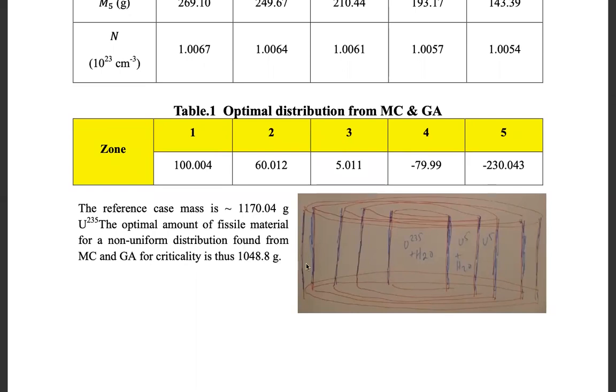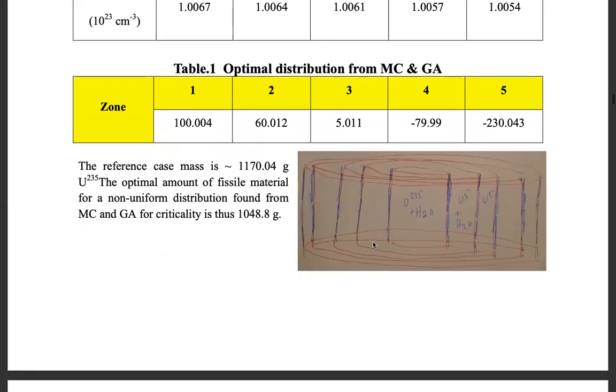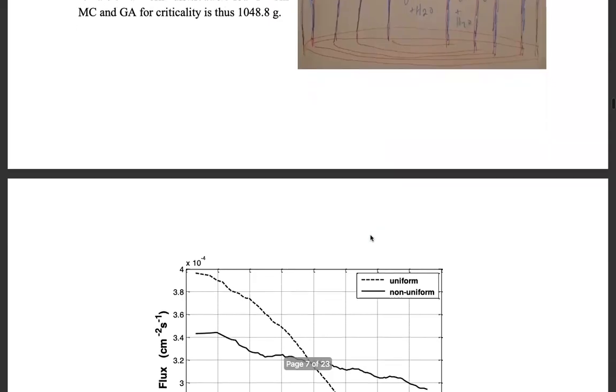And so what I did was to first carry out a Monte Carlo simulation of the reference, and then to sample derivatives. When you sample derivatives, then in a single run, you can make predictions to find out the sensitivity of each of these volumetric regions, and you can then obtain an optimal distribution.